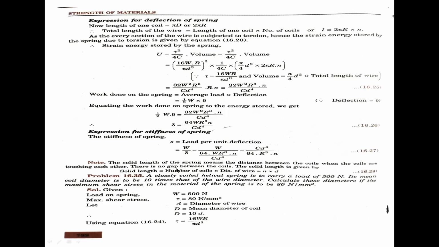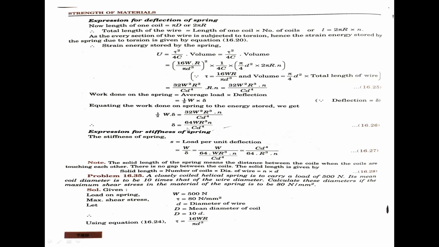Now using equation 16.26 for calculating the deflection of a closed coil helical spring, this is the deflection formula, 16.26. Now we have to use this formula.